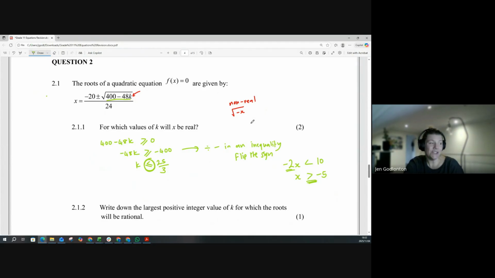Write down the largest positive integer value of k for which the roots will be rational. If k was 9, Abu, what would you get if you popped it into a calculator?